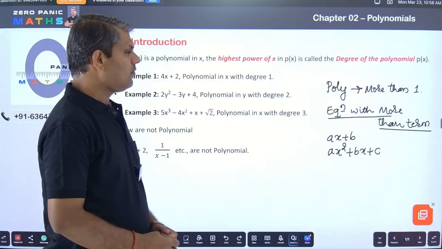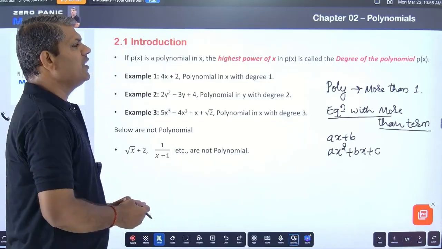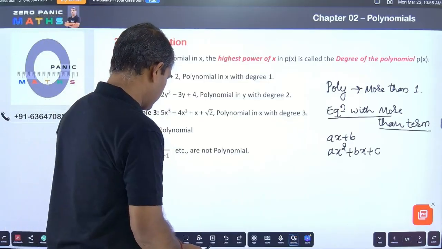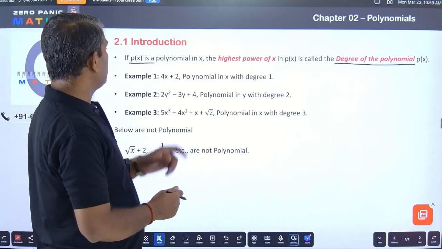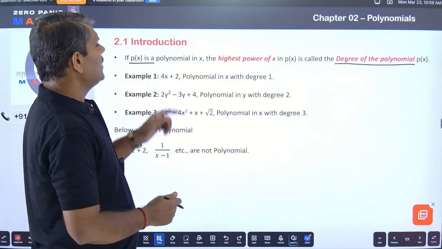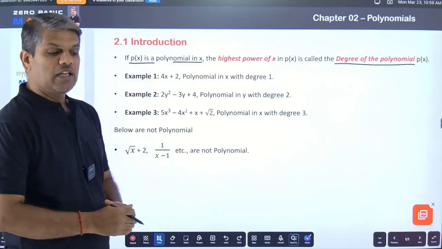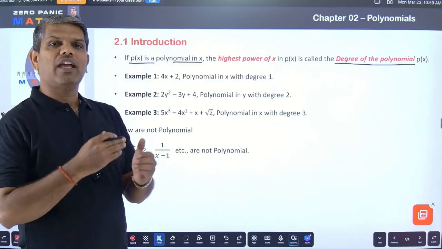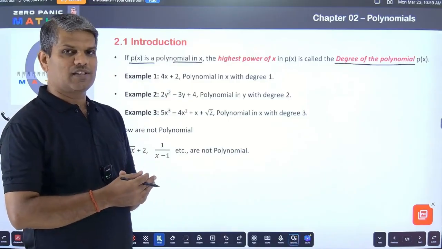Now, let us define some features of the polynomial. If you are defining any polynomial by p of x, that is a polynomial in x. A polynomial can have different kinds of variables inside it.